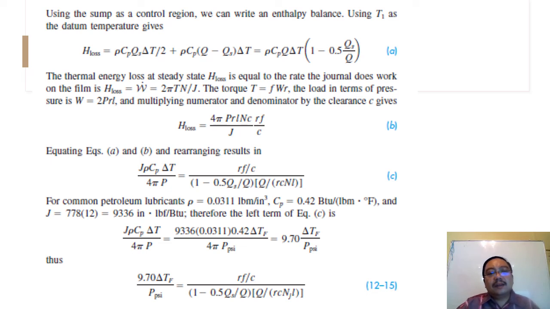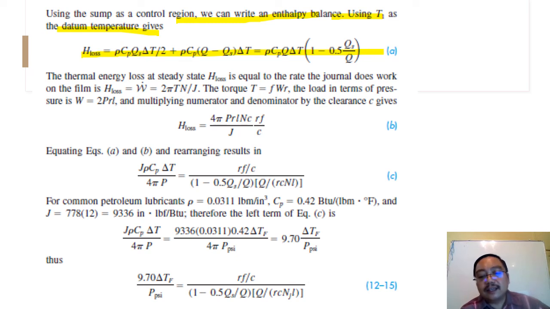So using the sum as a control region, we can write an enthalpy balance. Using T1 as the datum temperature, give H loss equal to this equation. Remember the word enthalpy from another subject, thermodynamics. Thermodynamics is also among the hard subjects to understand, the same as fluid mechanics.